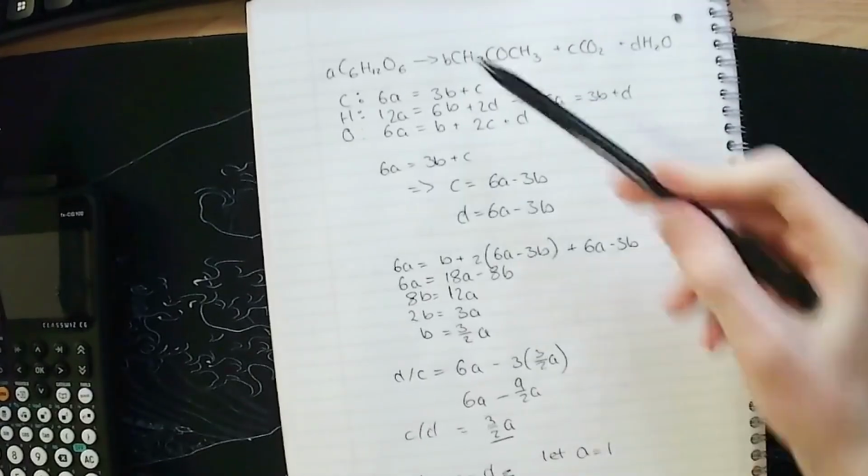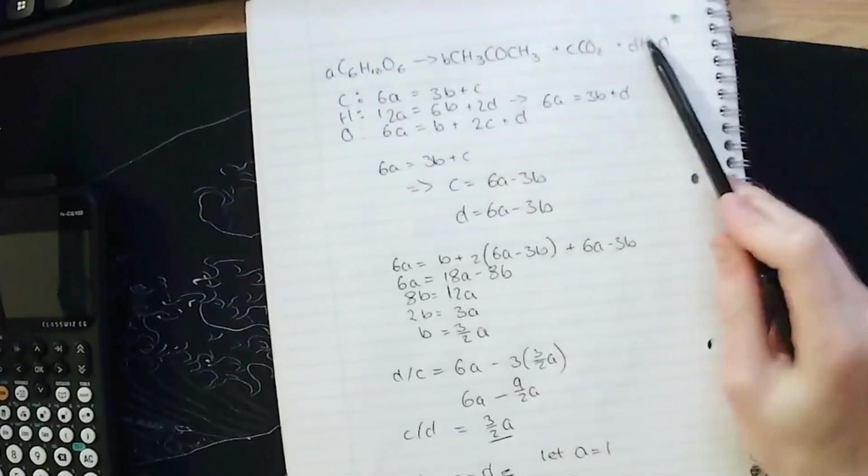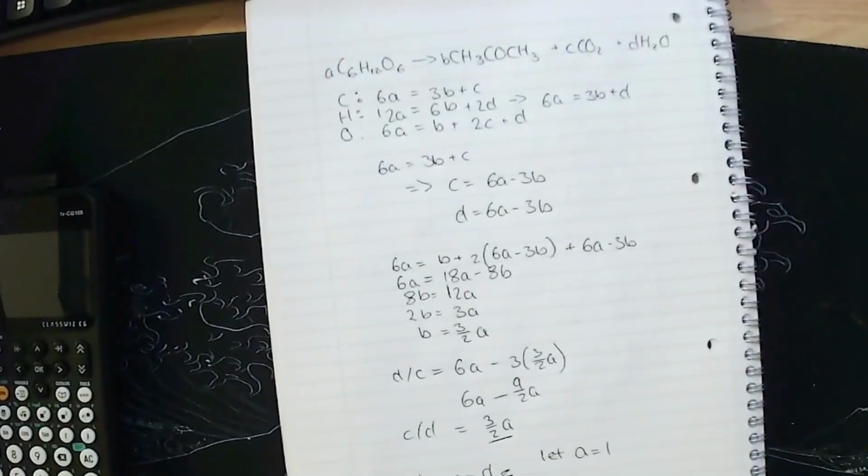So that tells us we're going to have 2 glucose to 3 whatever that is to 3 carbon dioxide to 3 water, and we've just done not an overly difficult question, but it's a different way of thinking about it, which might be useful for more difficult questions.